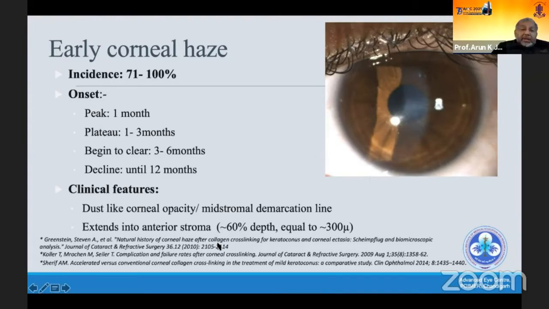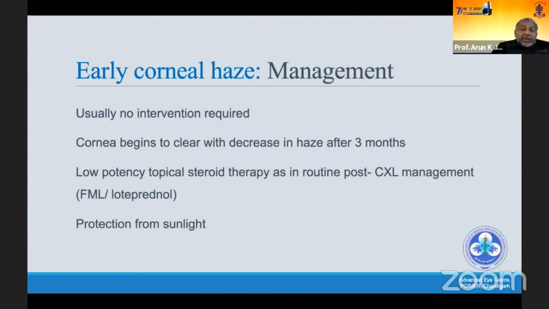And for the management of this, nothing special is required. The routine treatment, which we give in the form of topical steroid post-operatively, usually clears this off. And we should advise the patient to use ultraviolet protective goggles in the sunlight.